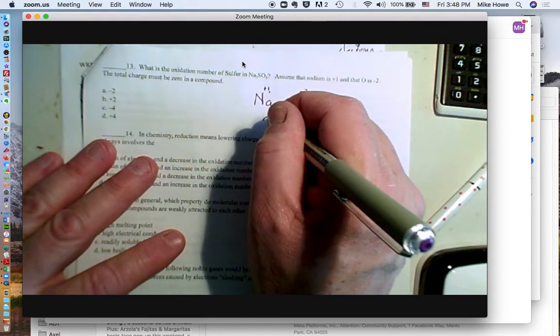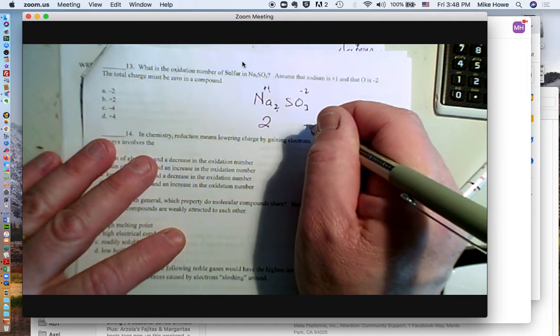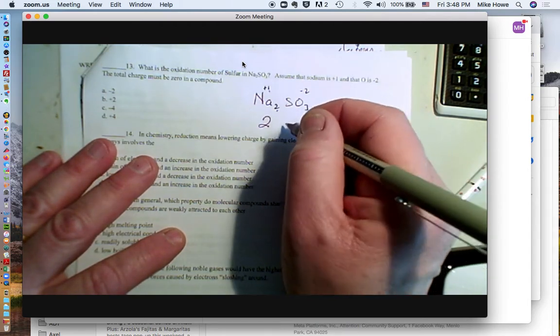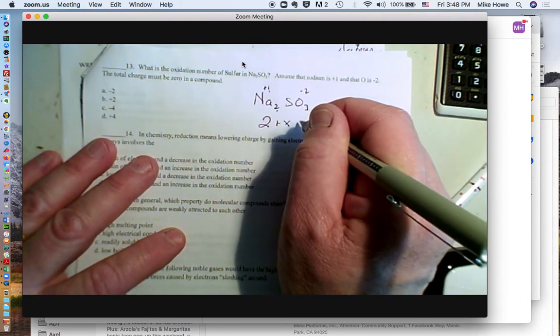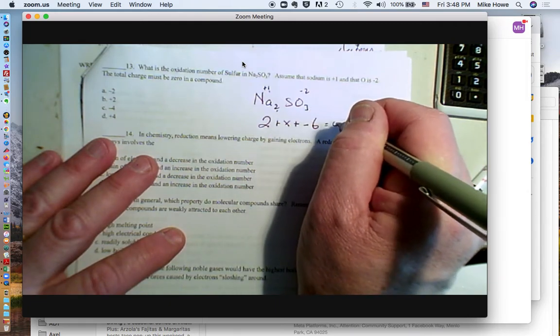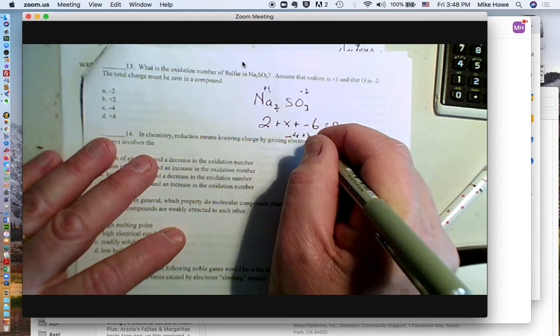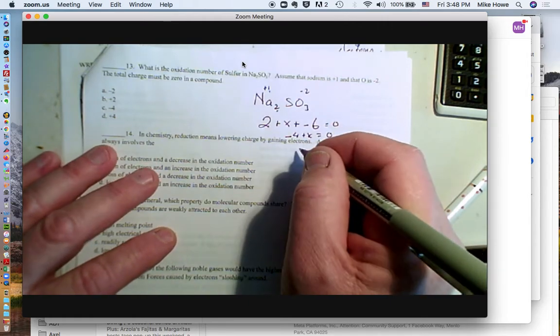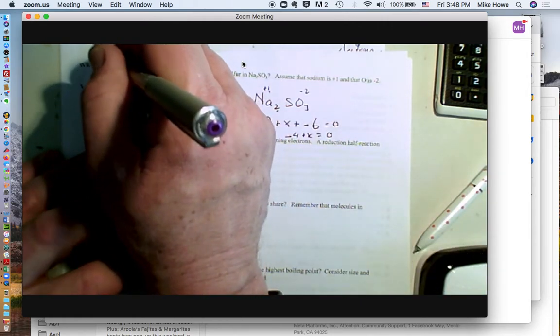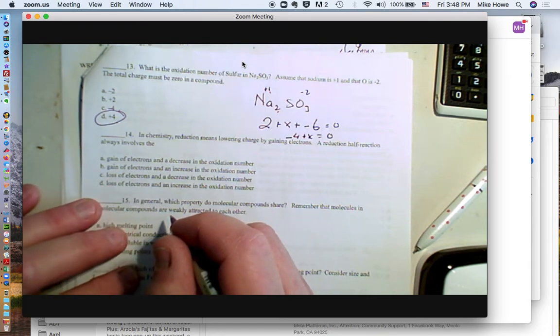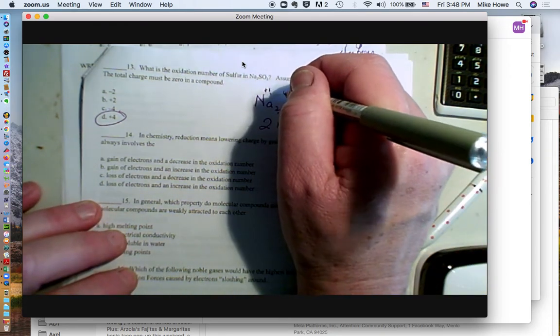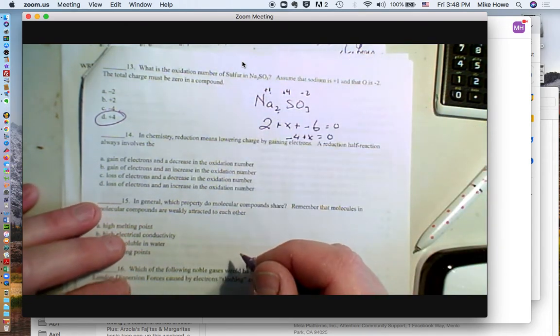So 1 times 2 is 2. Negative 2 times 3 is negative 6. So 2 plus x plus negative 6 equals 0, or 2 plus negative 6 is negative 4, plus x equals 0. So what's x? X is 4. So the oxidation state of sulfur is positive 4.